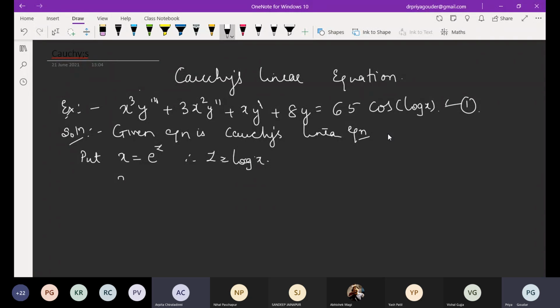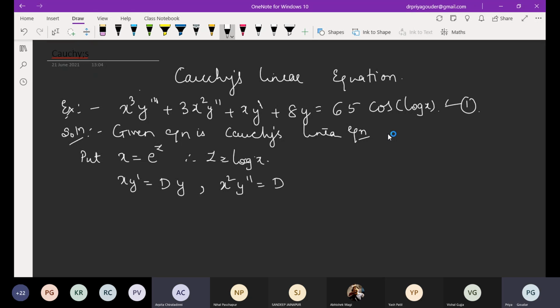So if you take xy dash, x into dy by dx will be Dy. If you take x square y double dash, what is the value of this?